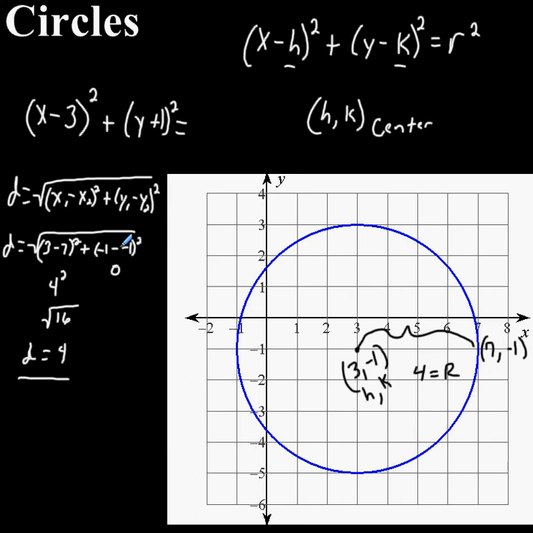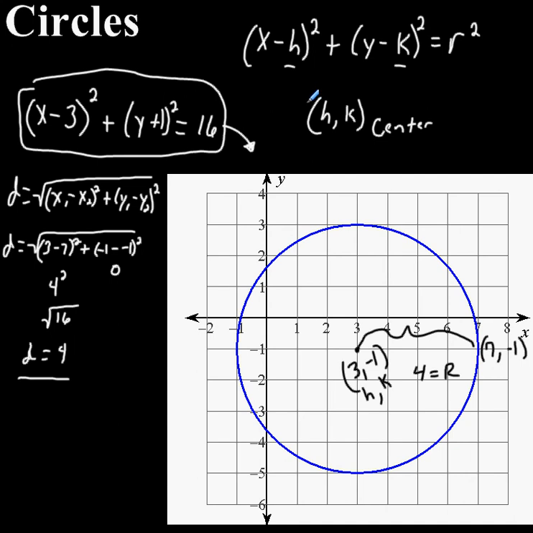Alright, now that we've got all the pieces of our formula, the h, the k, and the r, or the radius, let's complete the equation. Here we put r squared, 4 squared, which is 16. Now, this right here is the equation of this circle using the standard formula.